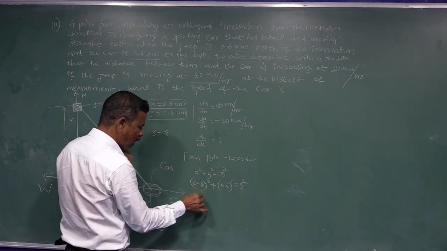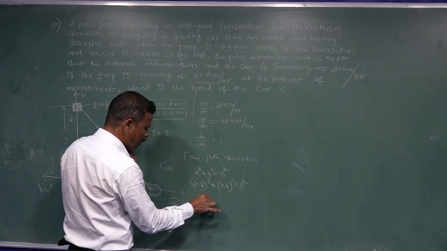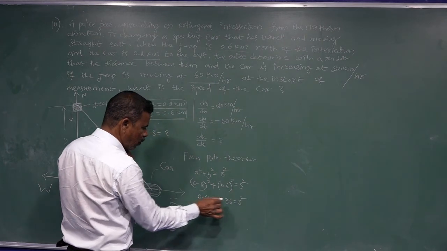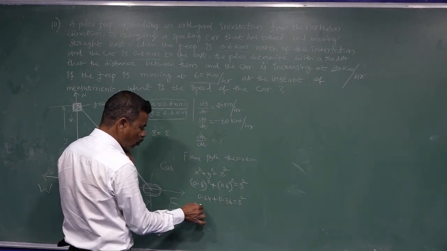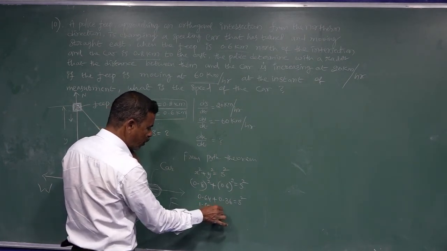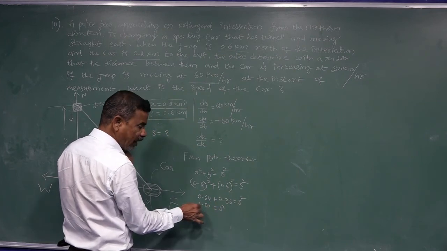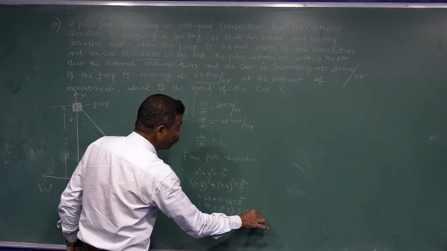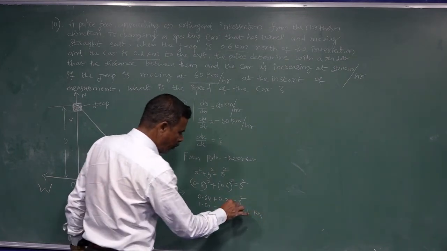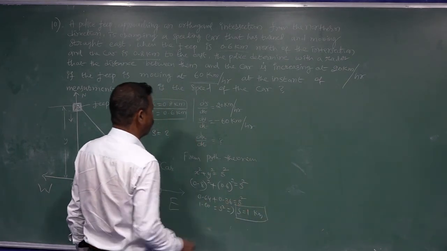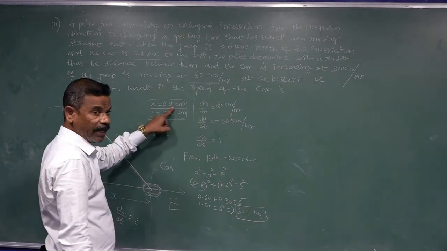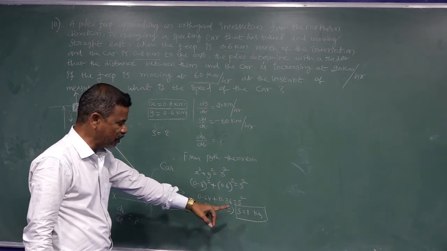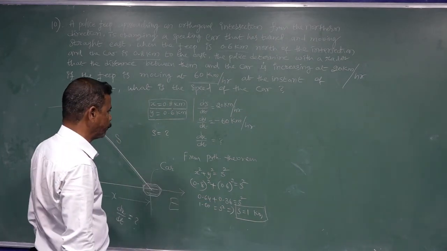This is 0.64 plus 0.36, which is 1.00, equal to s square. So s square is equal to 1, and finally s is 1 kilometer. All units are kilometers. When x is 0.8 kilometers and y is 0.6 kilometers, s is equal to 1 kilometer.